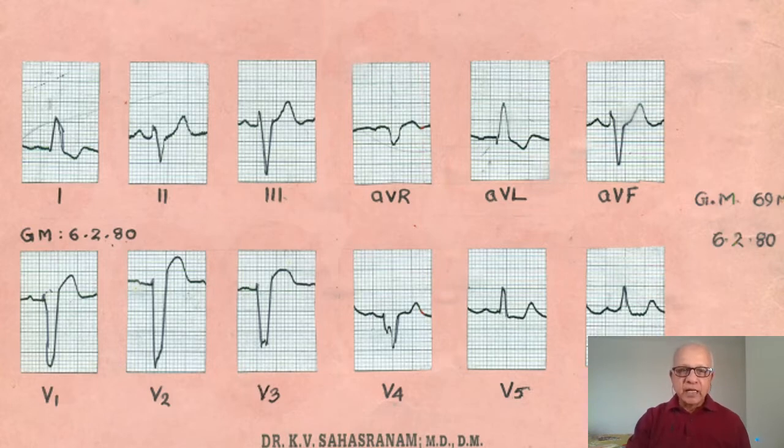And second, elaborate the changes which occur in this combination of ECG findings. So I want you to elaborate what other changes, which may or may not be shown here, are expected in this type of patient.